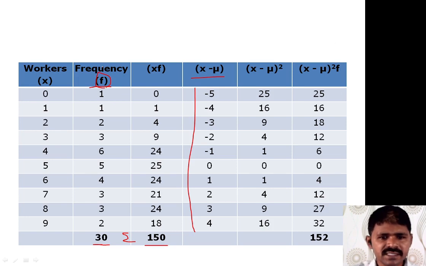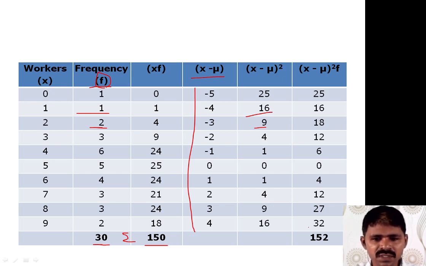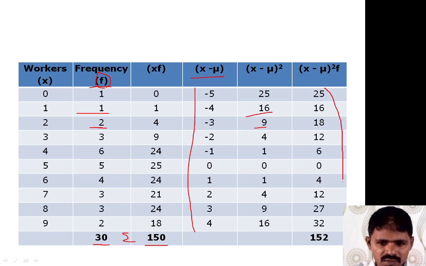So the frequencies are here: 1 into 25, similarly 1 into 16, 2 into 9 is 18. Similarly, we multiply all the frequencies with the respective (x minus mean) whole square values, and then sum them.